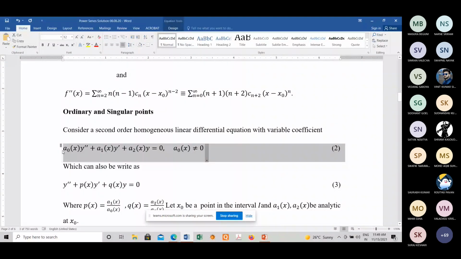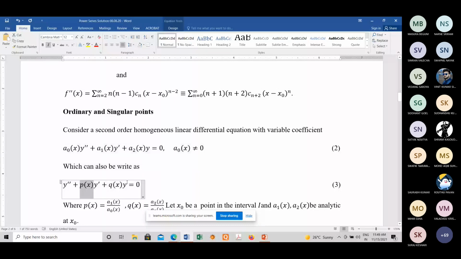So here its coefficient becomes 1, here it becomes a1 x divided by a naught x, and here a2 x divided by a naught x. We can assume a1 x over a naught x as px, and a2 x over a naught x as qx. So this differential equation can be expressed in this form: y double dash plus px y dash plus qx y equal to 0.